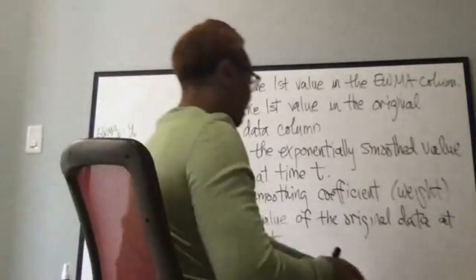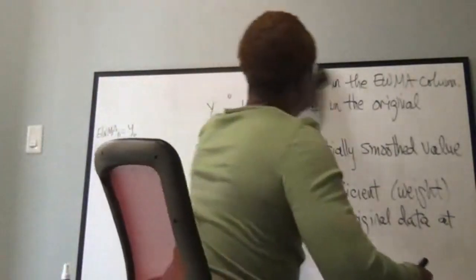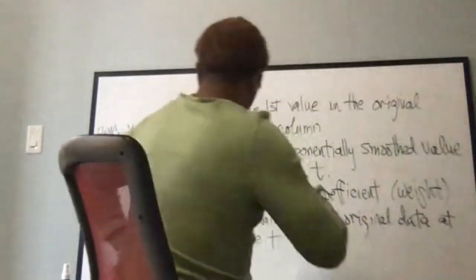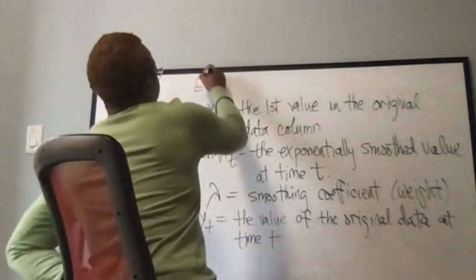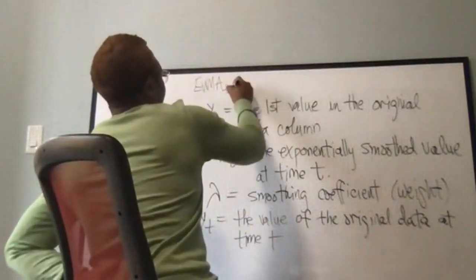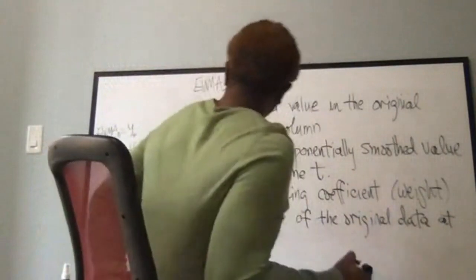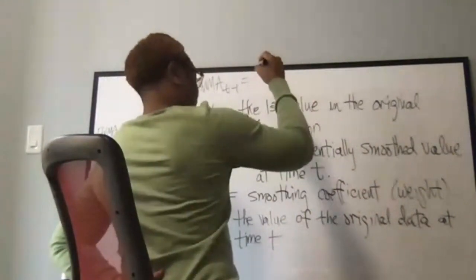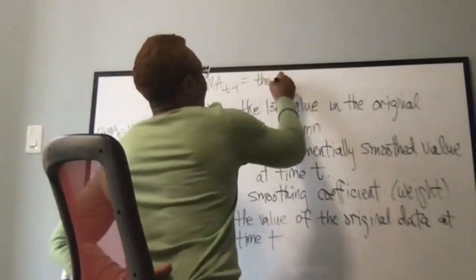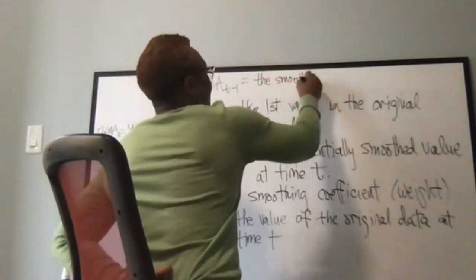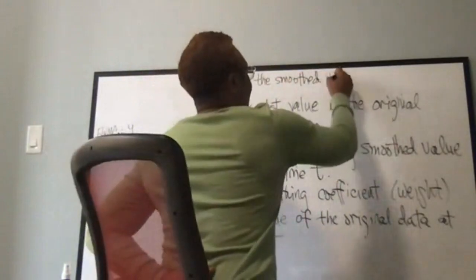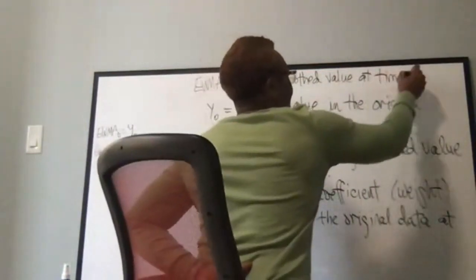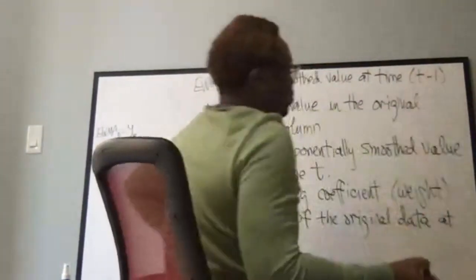Finally, I'm going to put this up here. EWMA of t minus 1. Again, we're still a little confused, and I understand it. But just trust me. EWMA of t minus 1 is the smoothed value at time t minus 1.